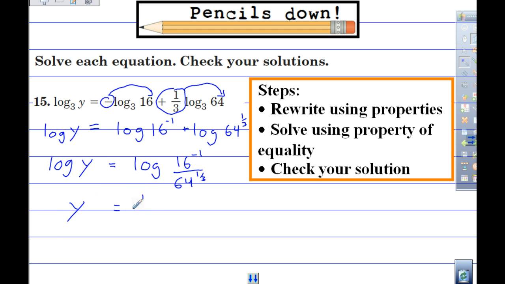So 1 over 16 and then over 4. What does that equal? Put in your calculator, see what you get. 1 over 16 divided by 4. Breaking 1/16 into 4 equal parts.